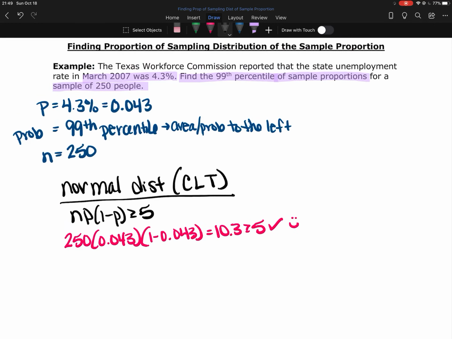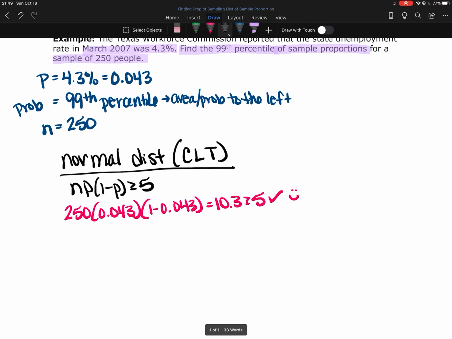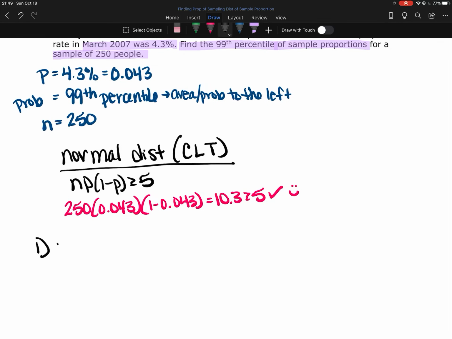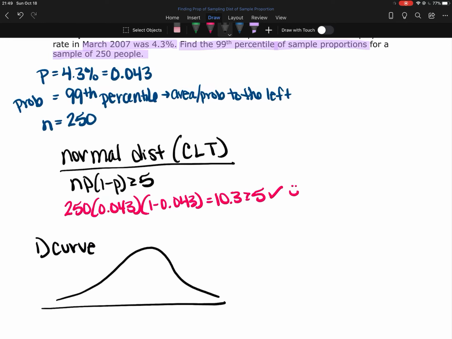So I've been given the area to the left, and I have something that is normal. What is the first thing I would do? I would draw my curve. Here's my curve. It's not a very good curve. What would I do next? Next I would shade the probability, the amount of the curve that I was given the area for. I've been given the 99th percentile, which means the area to the left is equal to 99%.